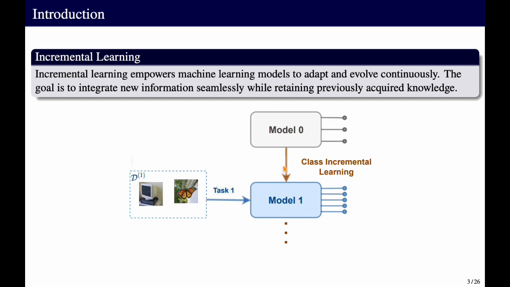The essence of class incremental learning is training the unified model, model 1, using only the new data D1, and it has access only to model 0, not to the old data D0. The goal is to learn model 1 that can classify all the classes in D0 and D1. Here it is 5. This incremental learning process repeats as new classes are introduced.